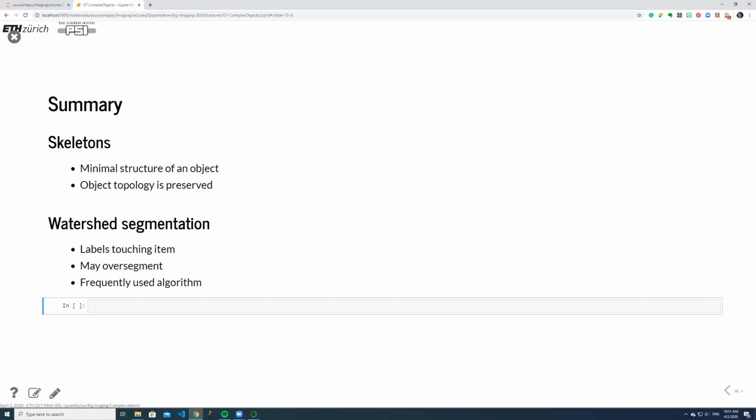It is able to label touching items, the case when connected component labeling doesn't make it. I write here, it may oversegment. I would say, in principle, it always oversegments, because if you have anything else than just spheres, the distance map will always produce local maxima, which produce a lot of unwanted segments of the same items.